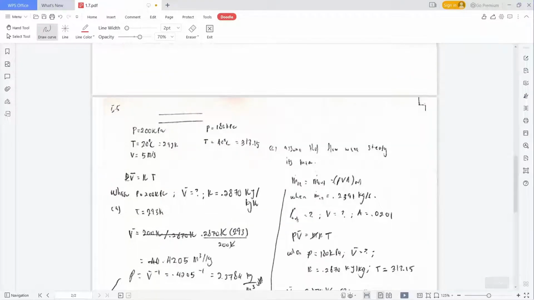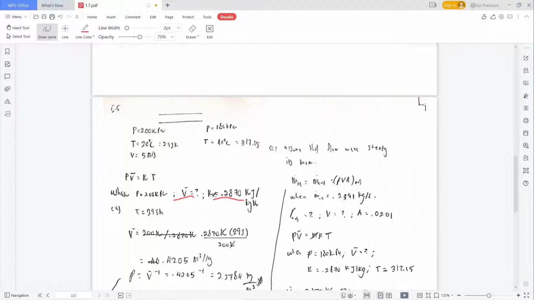In this equation, pressure times specific volume equals R, the gas constant, times the temperature in Kelvin. So the pressure at the inlet will be 200 kPa. The specific volume is what we want to find out. The gas constant will be 0.2870 kilojoule per kg Kelvin.